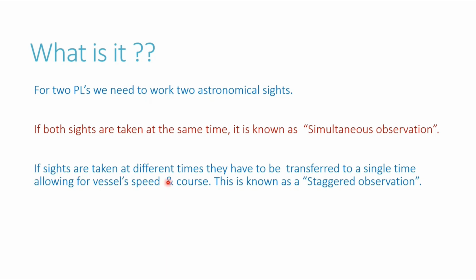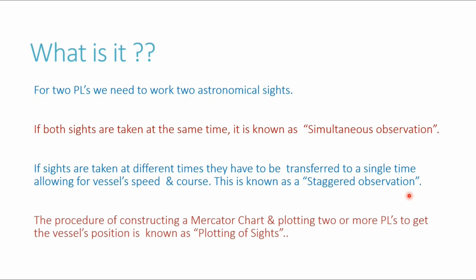If sites are taken at different times, then they have to be transferred to a single time. While transferring, we have to allow for the vessel's speed and course. And if there is any external factor like wind or current, they also have to be taken into account, and the position line transferred. Now, this kind of observation is known as a staggered observation.